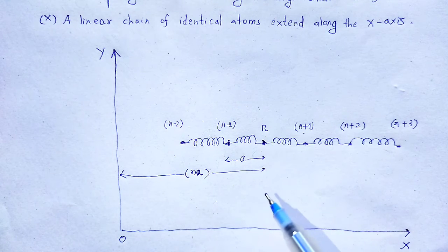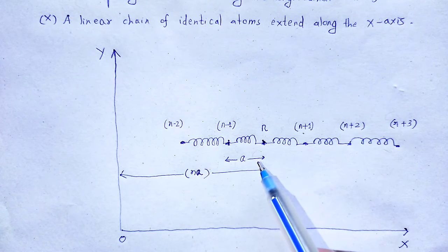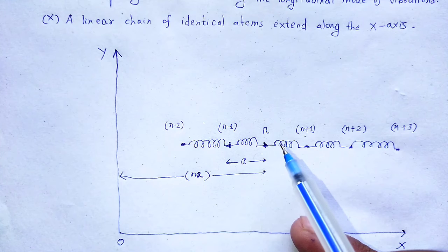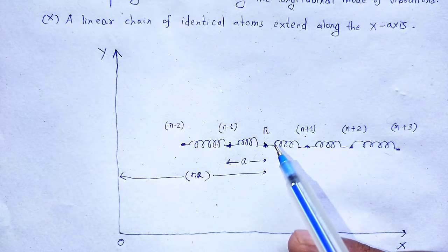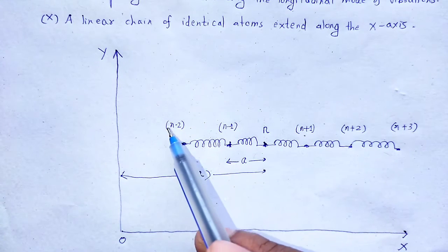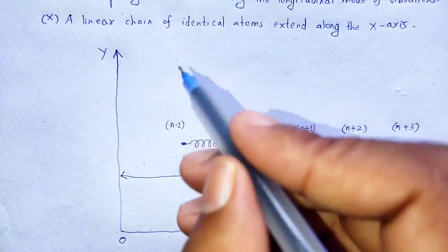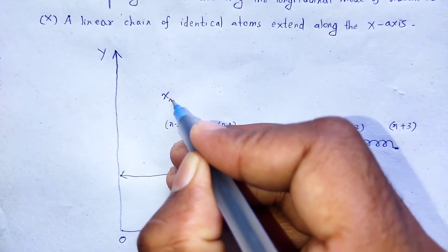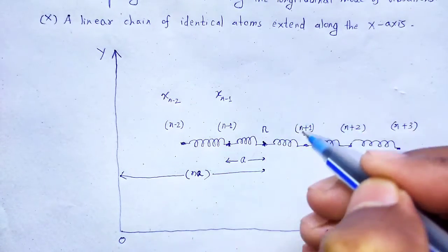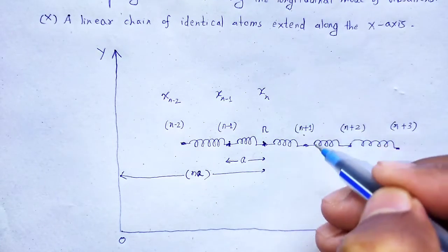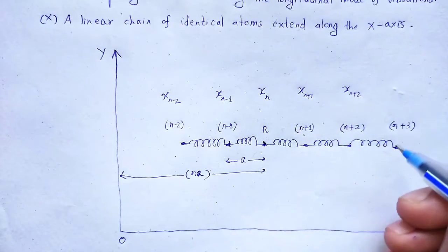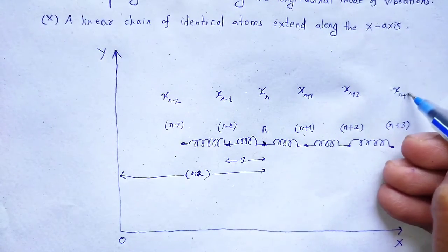When the crystal lattice starts vibrating, the atoms get displaced by a small magnitude. Let us choose from the origin: the n minus 2th atom is at a distance of x n minus 2, the n minus 1th atom is at a distance of x n minus 1, the nth atom is at a distance of x n, then x n plus 1, x n plus 2, and x n plus 3.